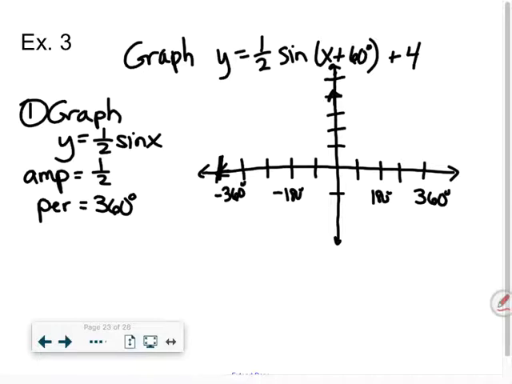All right, so let's just do our 1/2 sine x. So it starts at 0, 0, and you're going to go half up. This is like itty bitty. And then you go half down, half up.